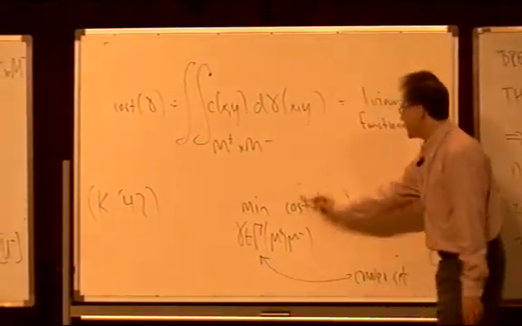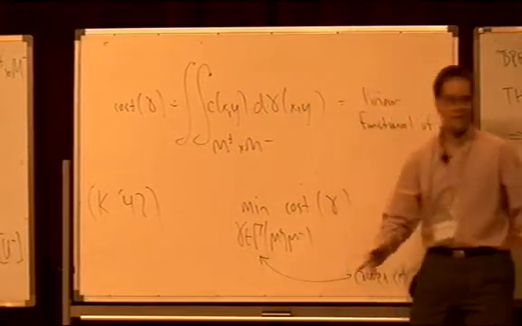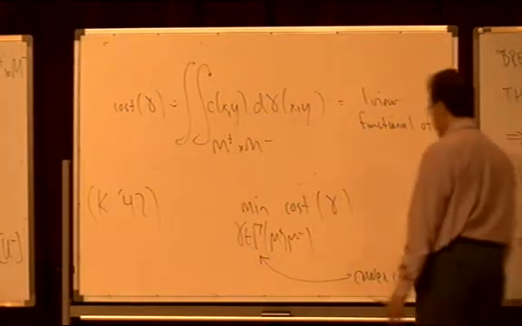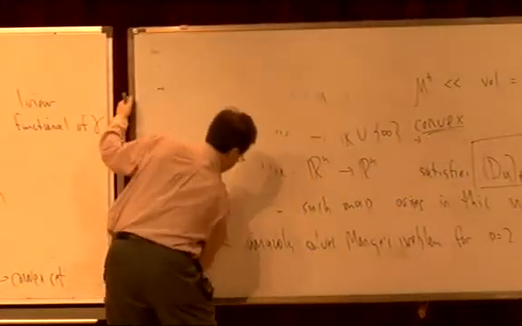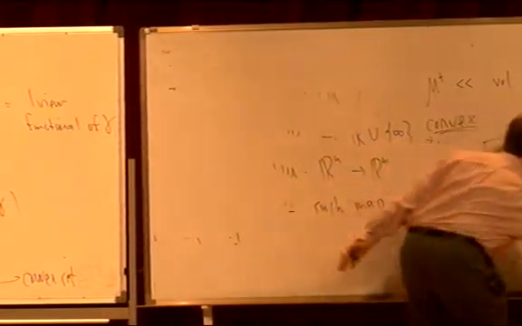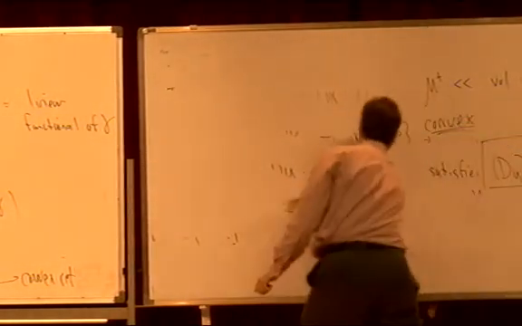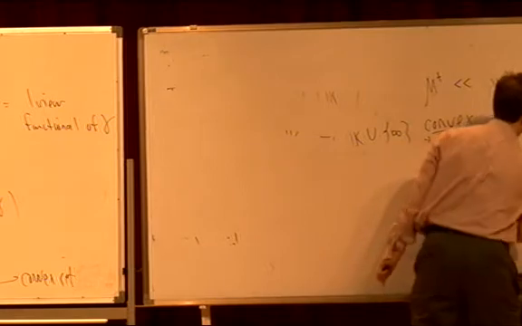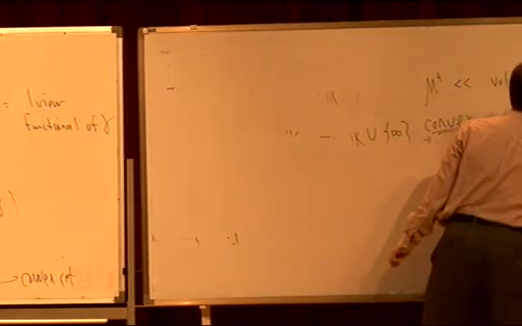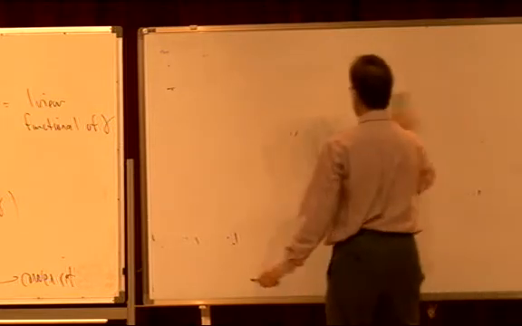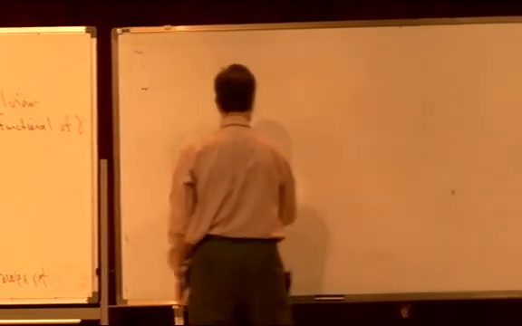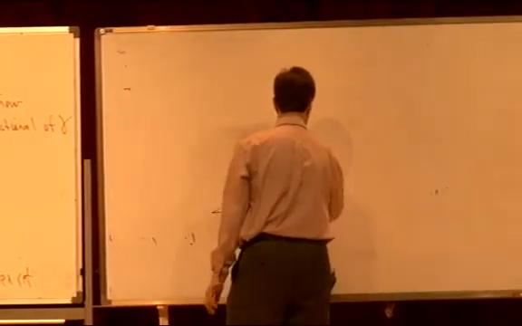And so I'm trying to minimize some linear functional over a convex set. And so somehow the schematic picture for doing that: I have some convex set down here.